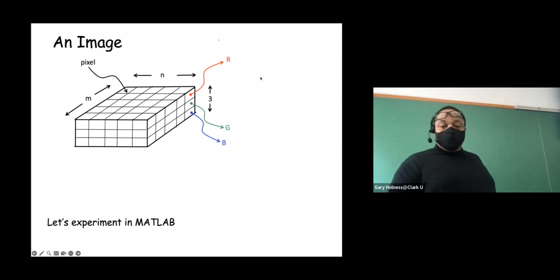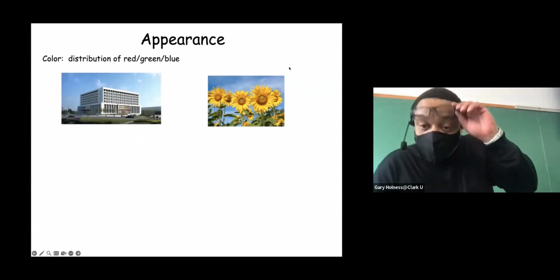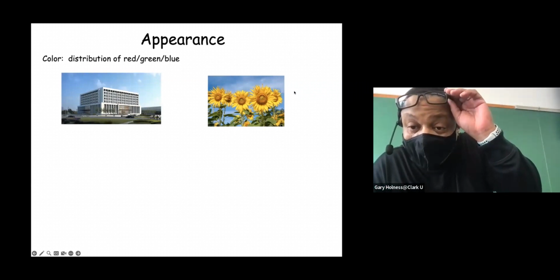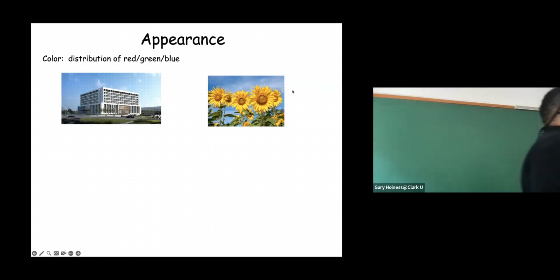All right, so we have our images, and we said that one way of describing the content is the color distribution over all the pixels, looking at the intensities of the red, the green, and the blue saturations.